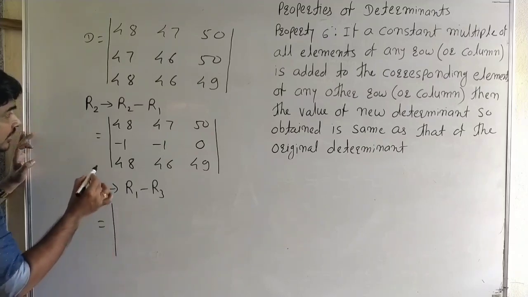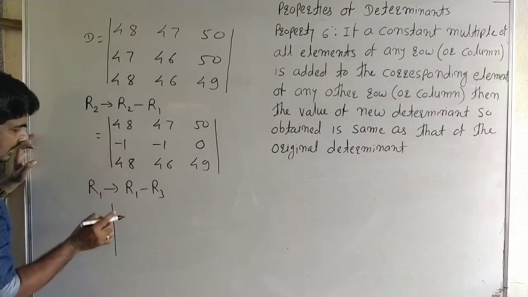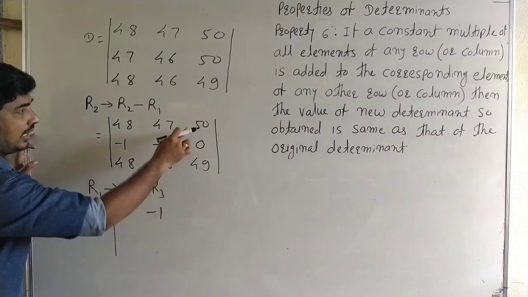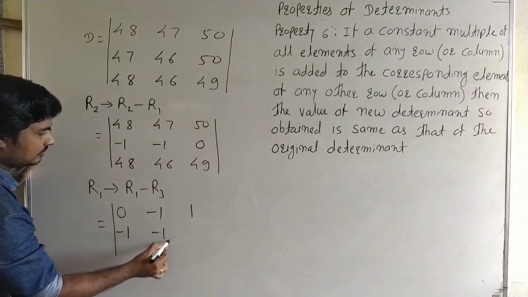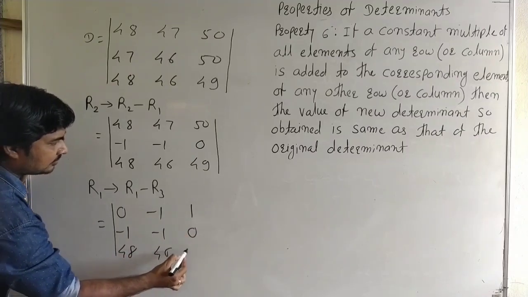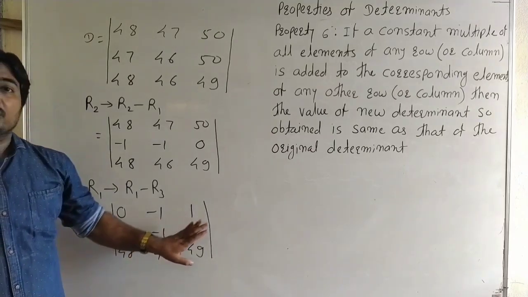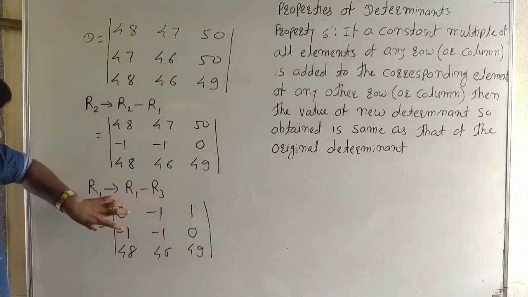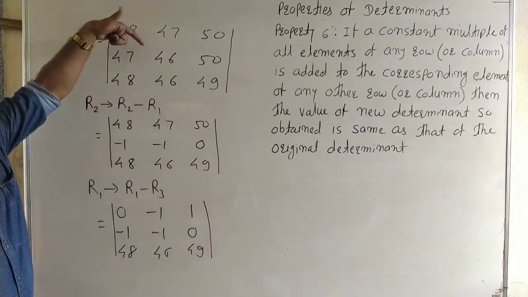R1 changes to R1 minus R3: it is 0, minus 1, and 1. R2 as it is, and R3 as it is. Now it is our new determinant. By performing the two transformations, it is easy to find the value of the determinant compared to the original determinant.